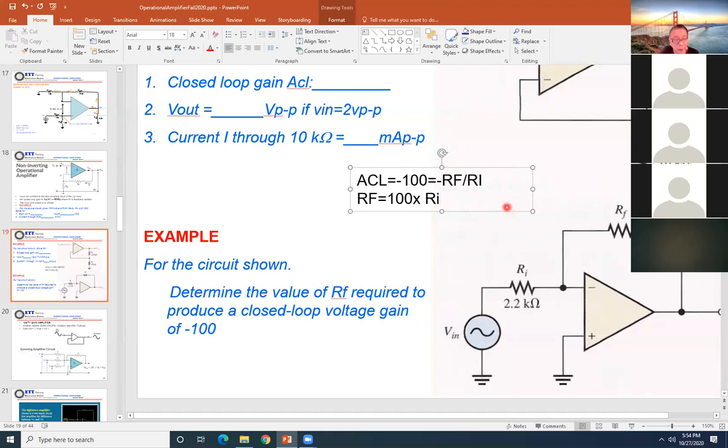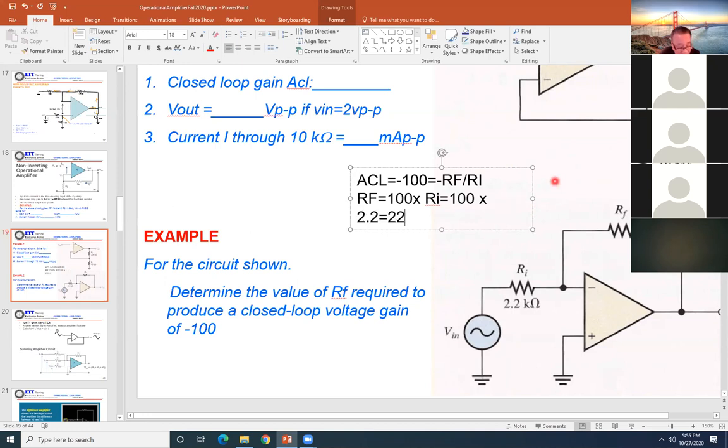So it will be equal to 100 times 2.2, which is 220K. 2.2 times 100 is 220K, right?